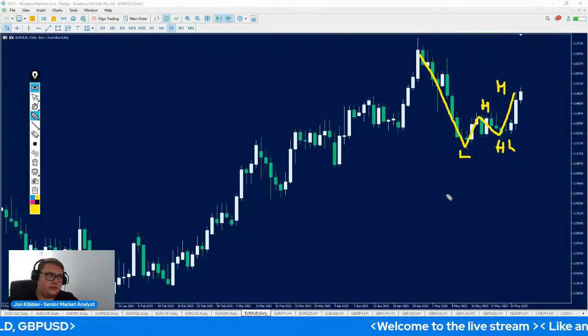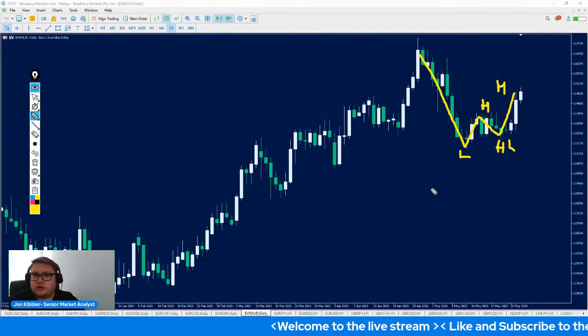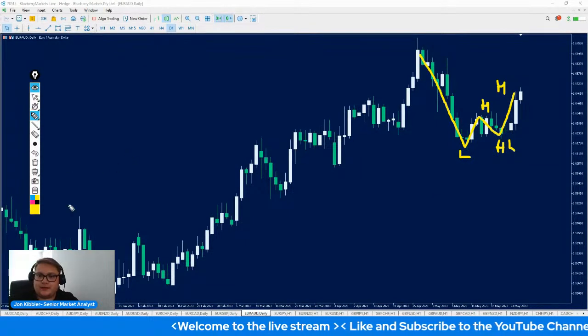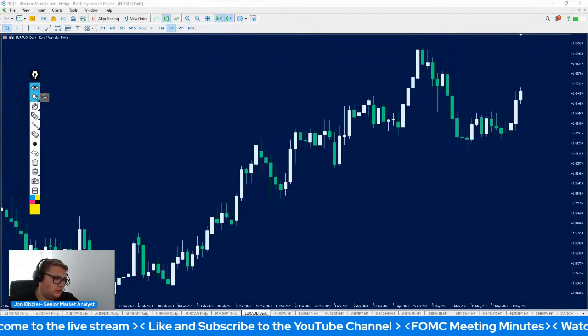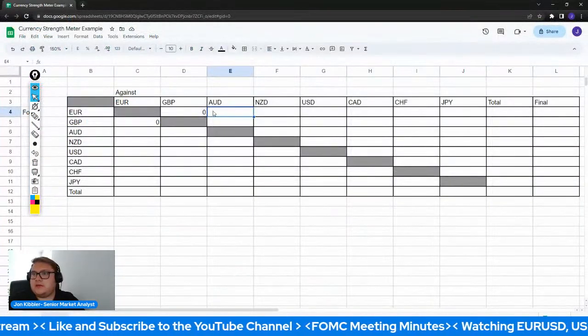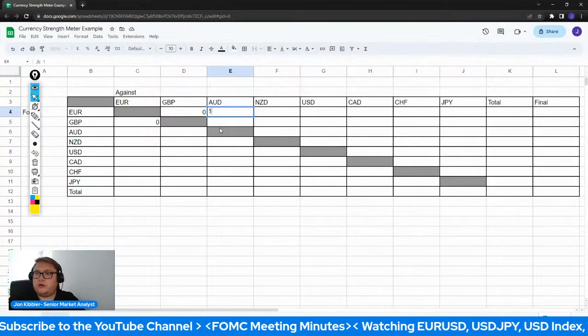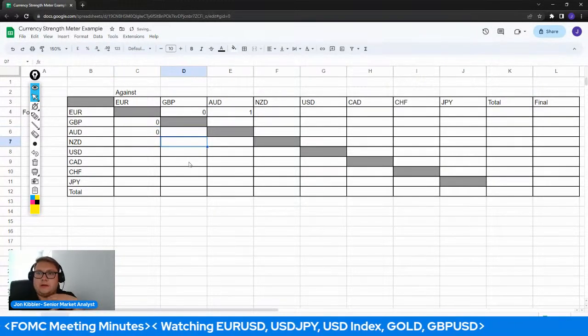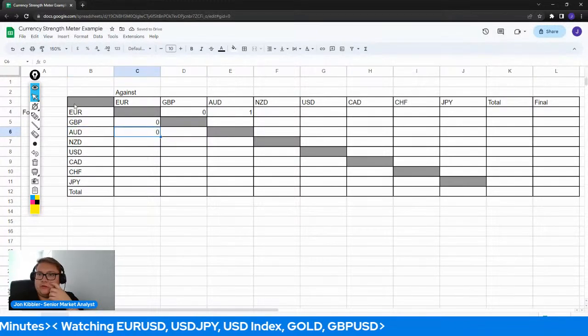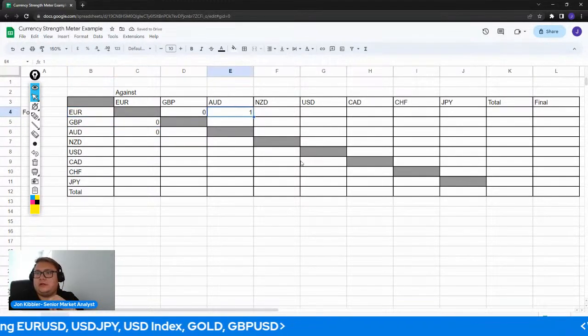There's a low. So I would say euro is stronger than the Australian dollar here, okay? So again, going back into our tables, I would score euro a 1, Aussie 0. Okay, so you can see Oz 0, euro 1.